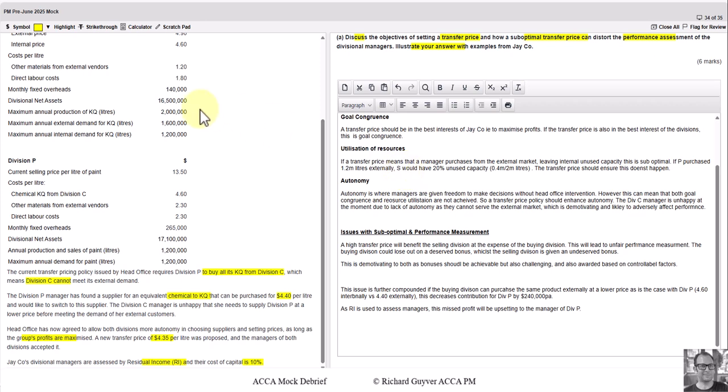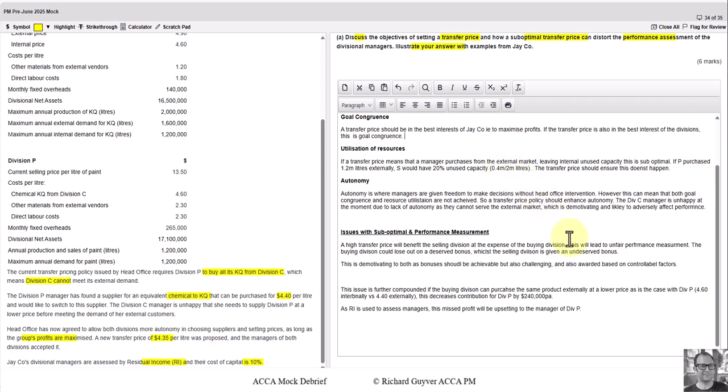So I think this is a really good example of, they currently have annual production maximum of 2 million, 1.2 million are going to P and 800 thousand external. If P purchased these externally, they'd make 1.6, leaving 400. A little simple side calculation like that shows good application skills.